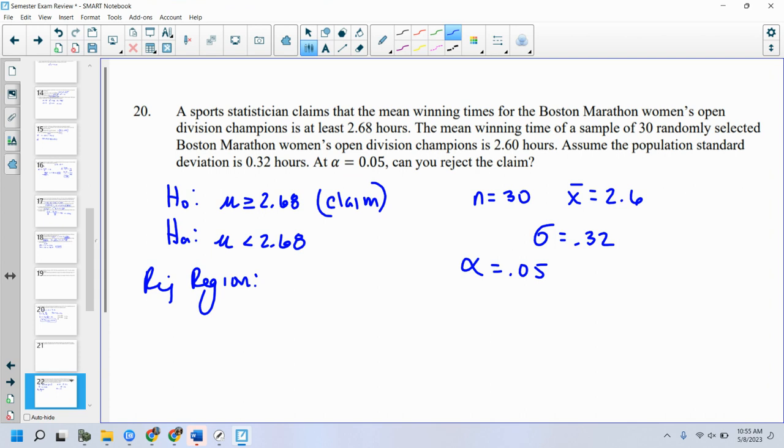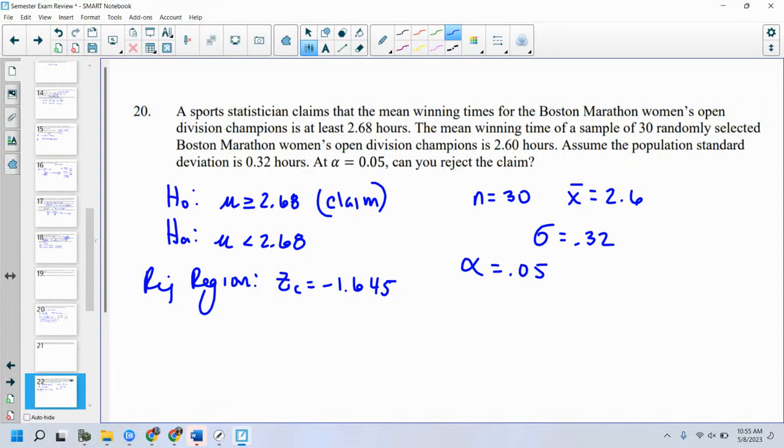Either one is going to give me the same z-score. I'll look at 0.05. Negative 1.6, oh, it's halfway in between those. Negative 1.645. So my critical value is negative 1.645.